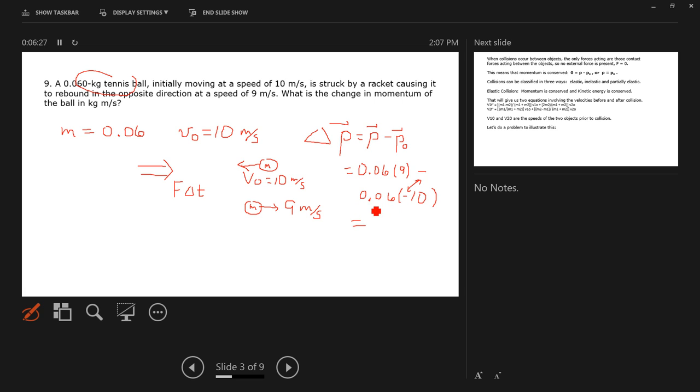So we get 0.54 and 0.6. So we get a change in momentum of what? 1.14 kilograms times meters per second. That's our delta P.